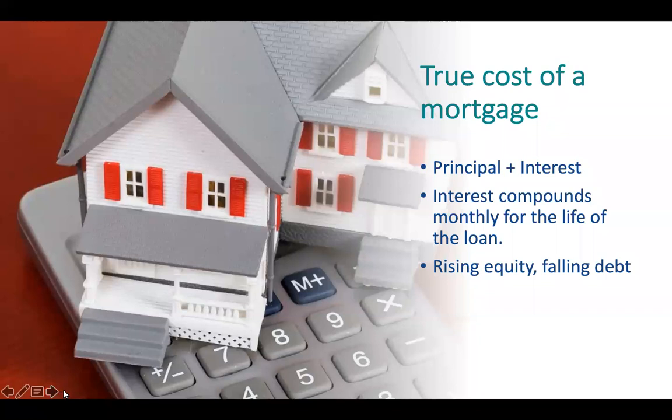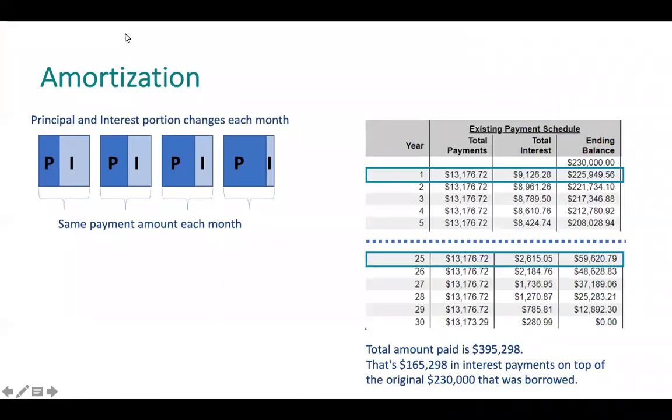Fortunately, a portion of your mortgage payment is applied just to the principal balance of the loan. So you will be building equity and decreasing the debt. This is called amortization, and the mortgage will be amortized.